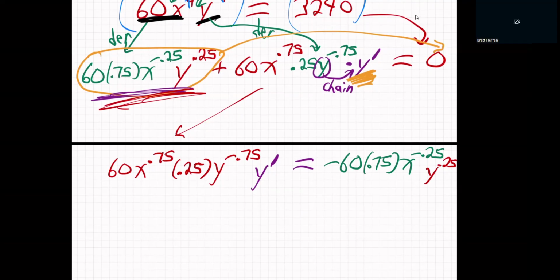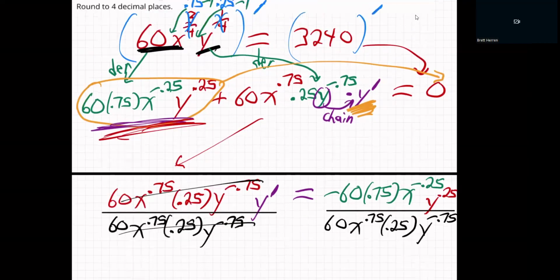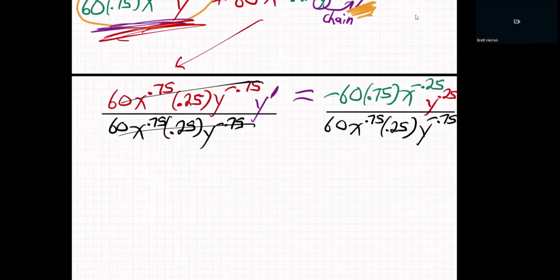Now we can solve for y prime. Just divide both sides by the 60x to the 0.75 times 0.25 y to the minus 0.75. And on the other side, 60x to the 0.75 times 0.25 y to the minus 0.75. Now y prime is alone.